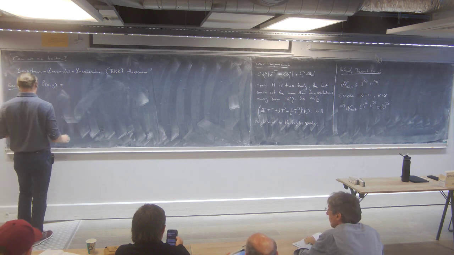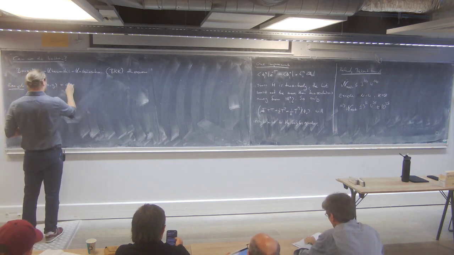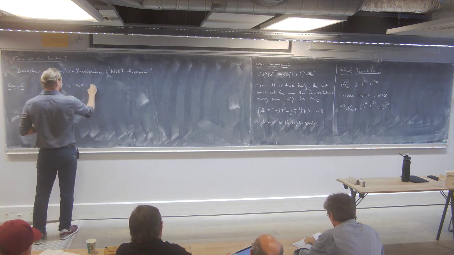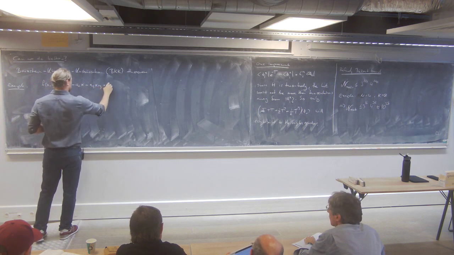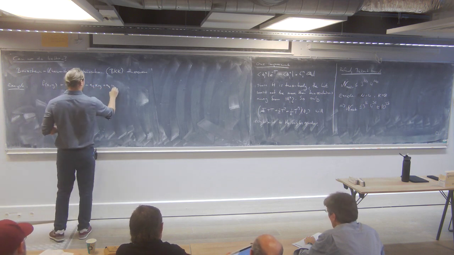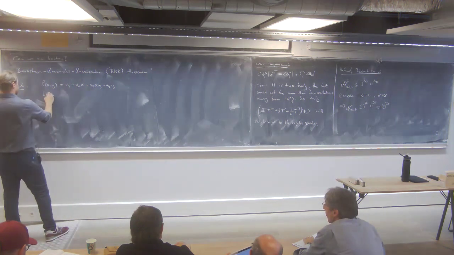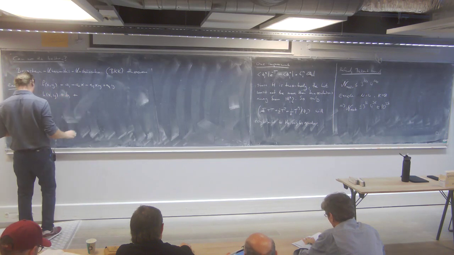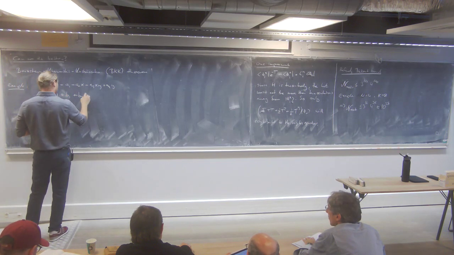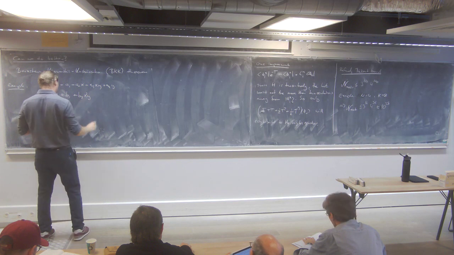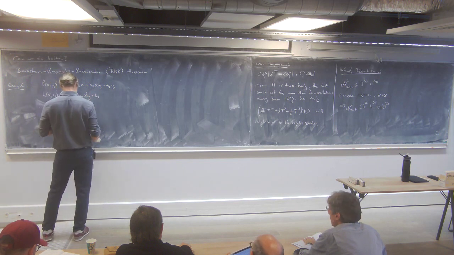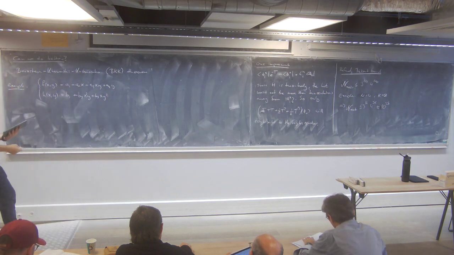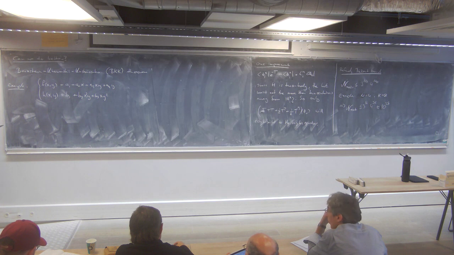So we have f of x, y, which is a1 plus a2 x plus a3 xy plus a4 y, and I have another one, h, b1 plus b2 x squared y plus b3 x y squared. Okay, so this is my system of polynomial equations.